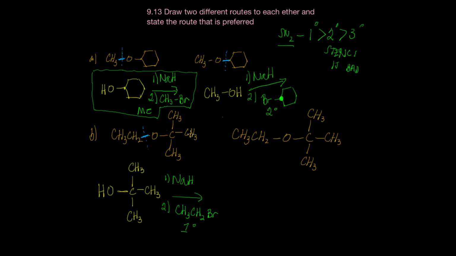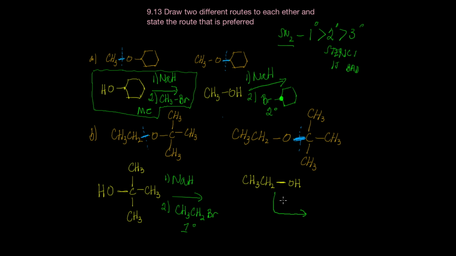Another route that we could possibly use is to synthesize this molecule by forming that bond. So we would then start with ethanol with this bond already here, and we would go through a similar sequence of events.